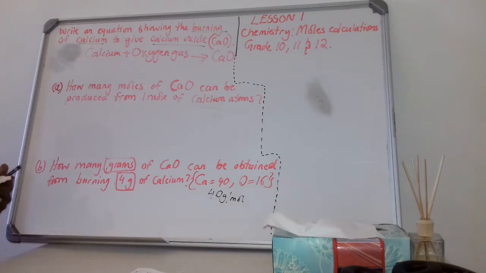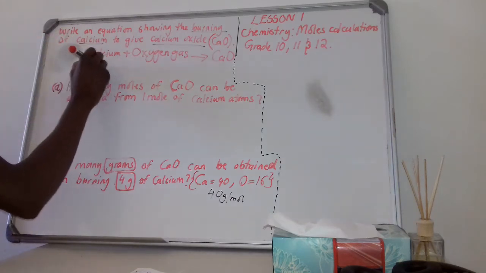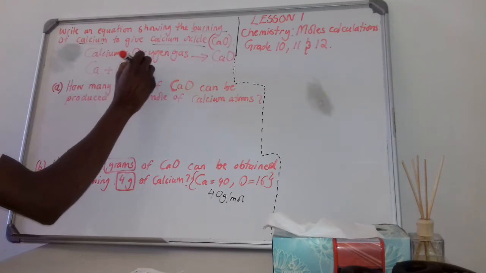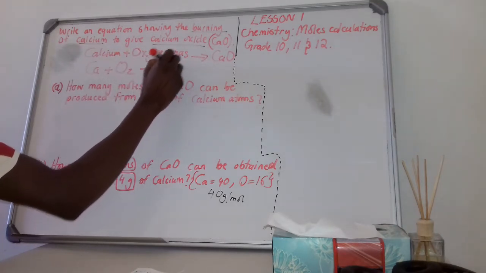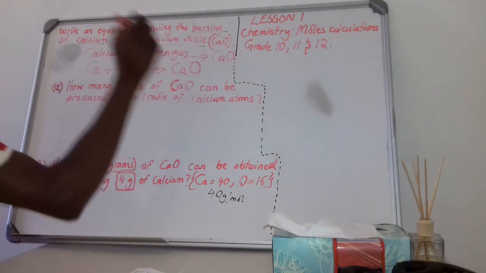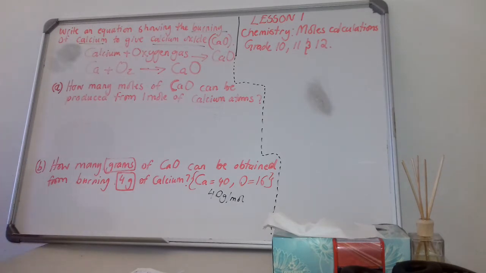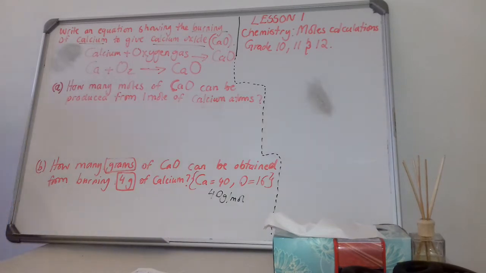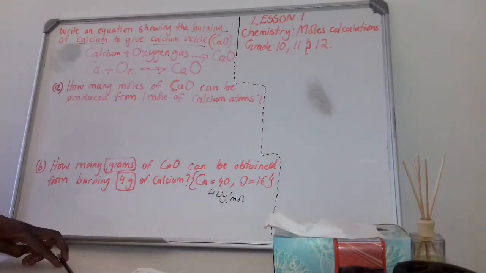I'm running out of space. So calcium is Ca plus O2 to give us CaO. Now if you look at that chemical equation, it is not balanced at all, so we need to balance it.